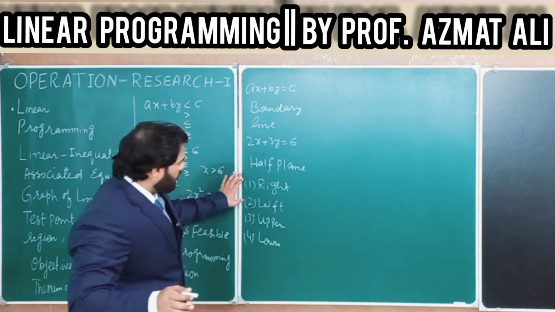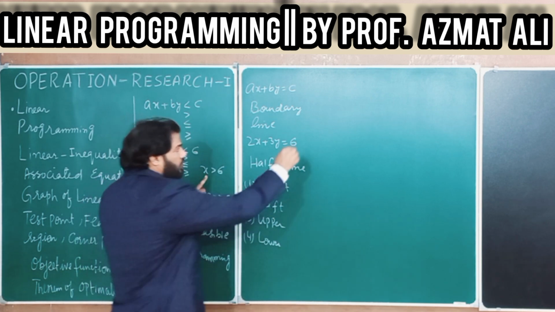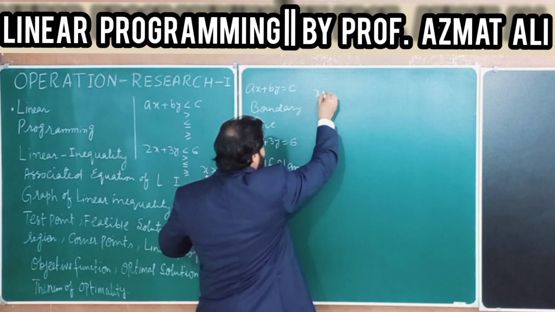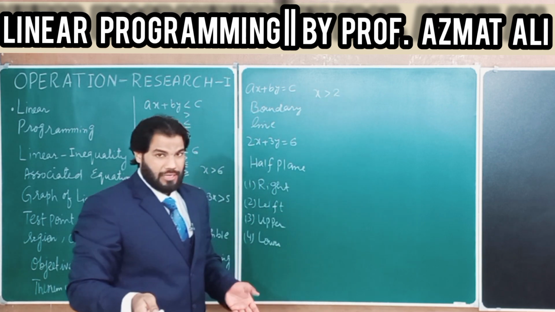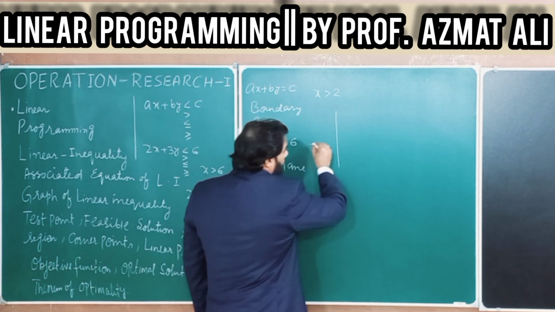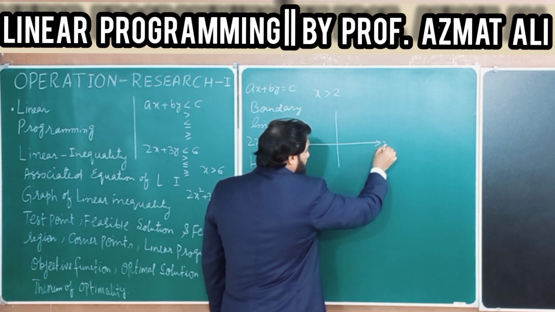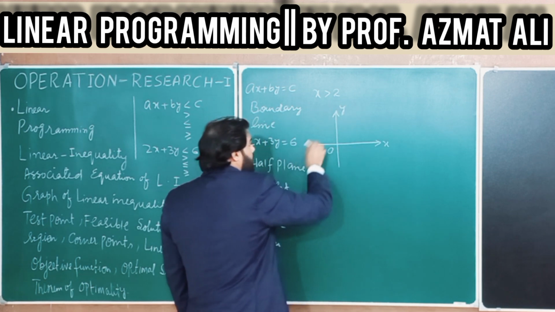For example, firstly, I discuss about right and left half plane of the linear inequality. Suppose I have an inequality x greater than 2 and I want to draw its graph. Suppose this is x-axis and this is y-axis and this is origin.